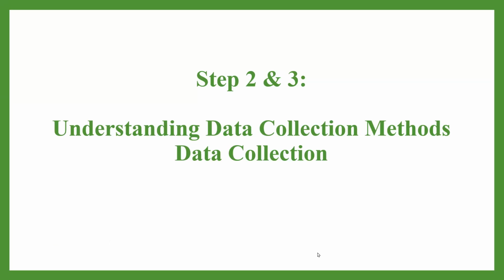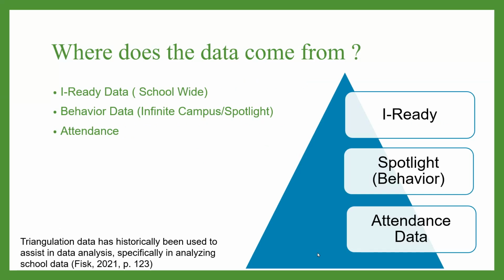Step two and three, we are understanding data collection methods and data collection. So, where does the data come from? With this data, as stated before, we're looking at behavior, attendance, and academics. The data for attendance comes from our attendance data records, and this is being given to us by the guidance counselor and the school registrar.